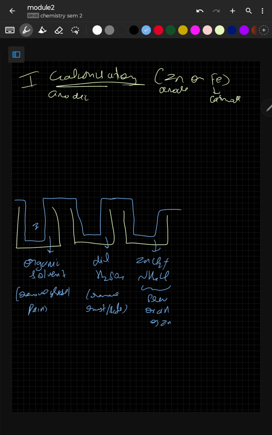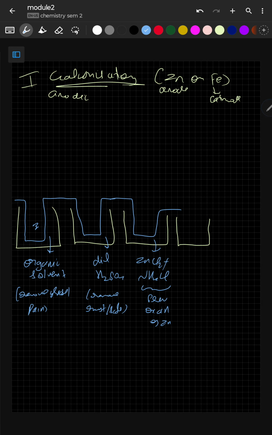We are going to coat it with zinc, right? The zinc should not get oxidized. After dipping you cannot do anything, so before dipping we make it into ZnCl2 NH4Cl flux. It's a flux, okay? Prevention is better than cure, right? That's why first we dip it in that to prevent the oxidation of zinc.